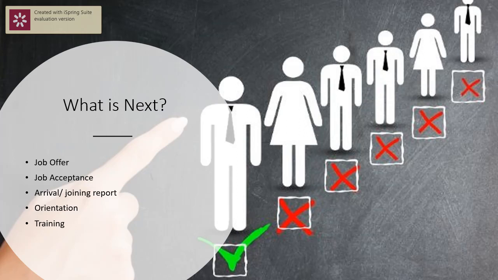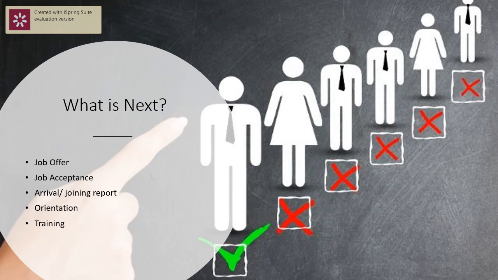A job offer is an offer by the organization to the candidate who has shown potential and who has been considered the most suitable and desirable candidate among all the candidates. So the organization makes a job offer to that candidate.